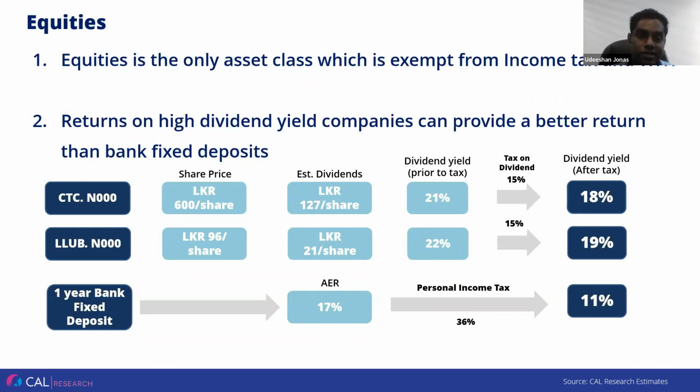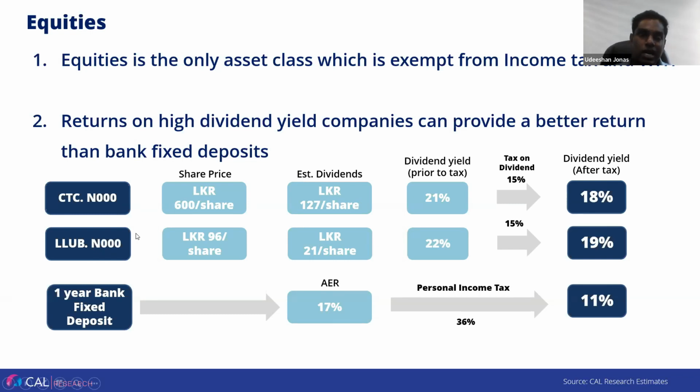Capital gains, if the share price goes up, that gain is entirely tax-free, because capital gains tax on equities is completely exempt. It doesn't fall into your 10% tax bracket as such. So equities are a perfect tax-exempt product for you right now.